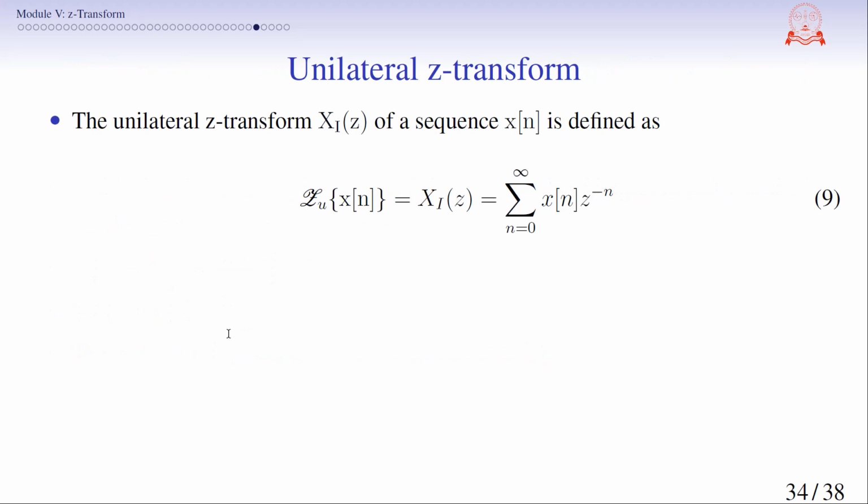Till now we are dealing with the bilateral Z transform, that is, n varies from minus infinity to plus infinity, x of n into z raised to minus n.